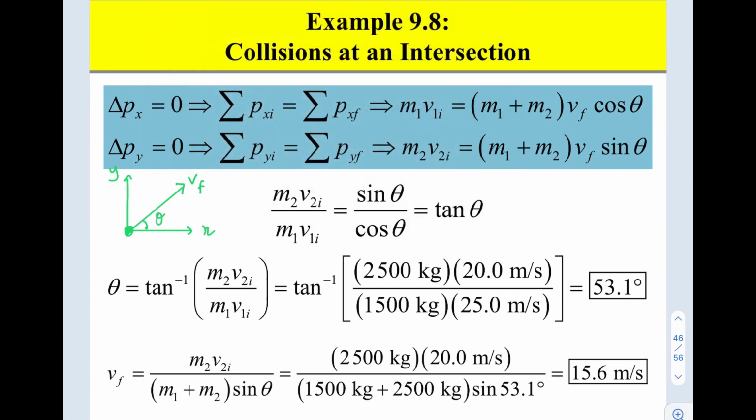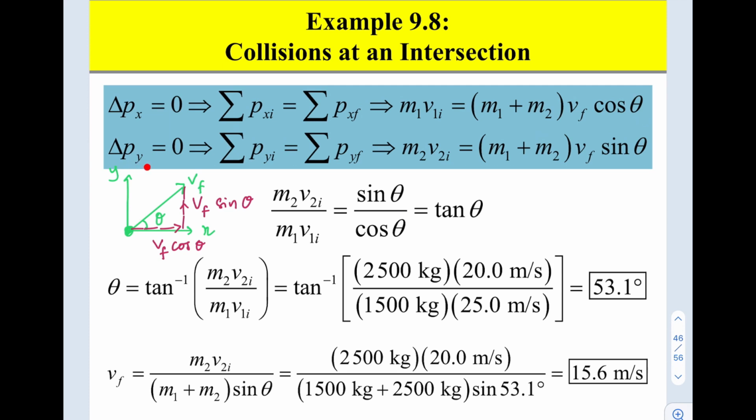So V final of both vehicles has components: V final cos theta is the x component, and V final sin theta is the y component. So in terms of x component, we use V final cos theta.